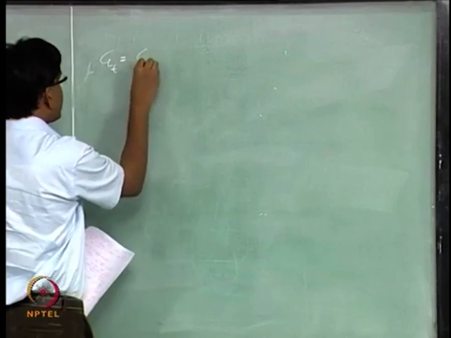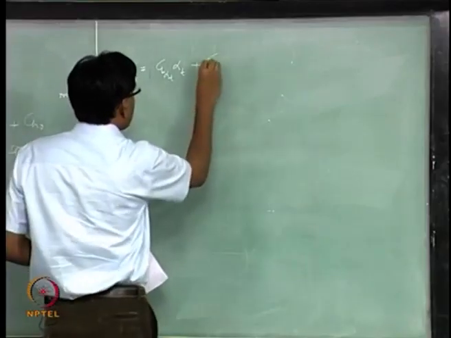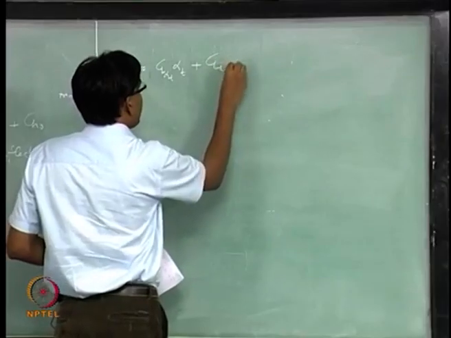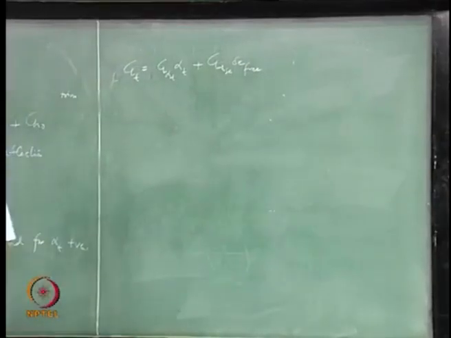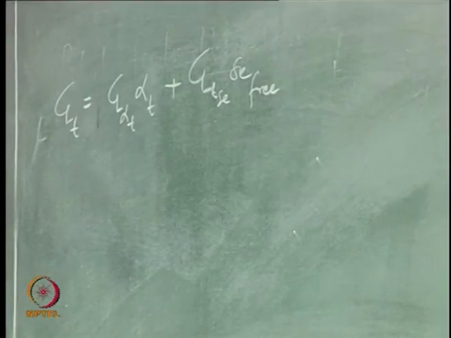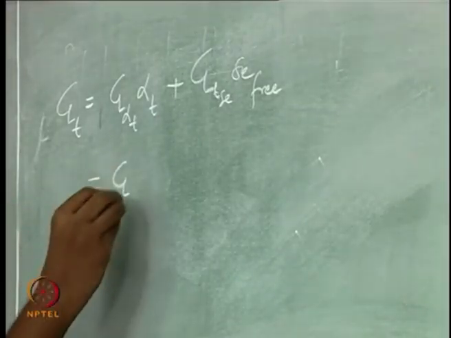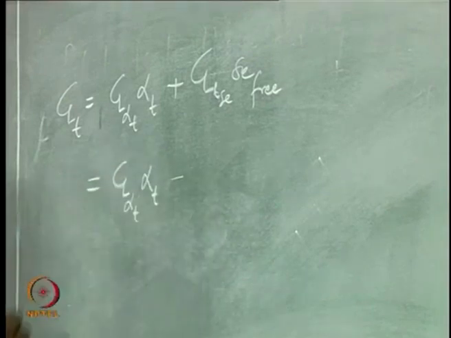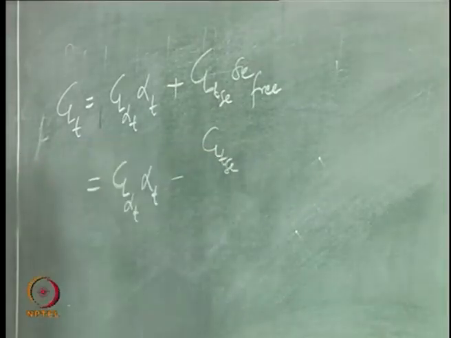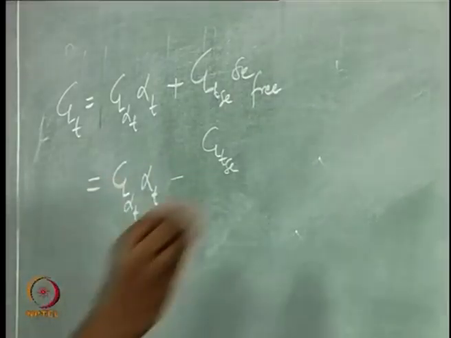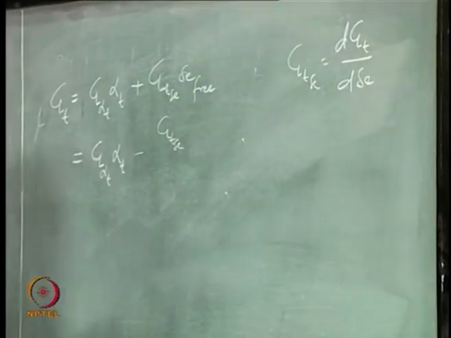So, CL alpha t is going to be, right. So, automatically you see this component, right, and that is, no, this CLT delta E is this, okay.